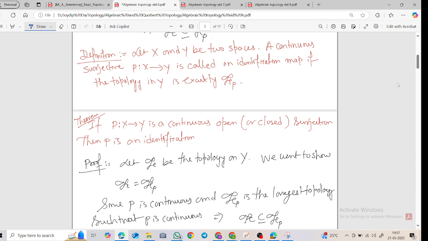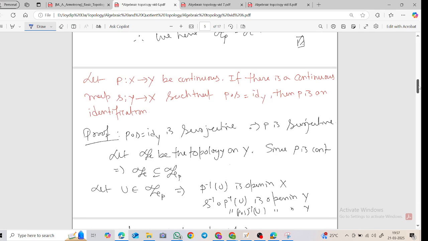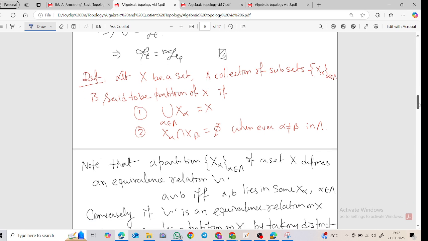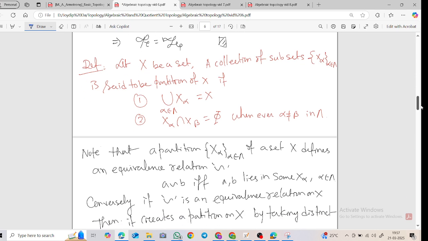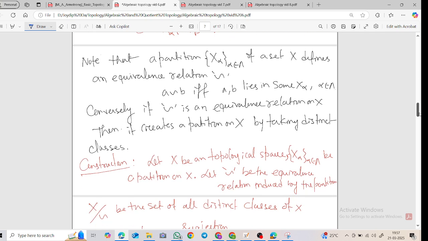Let me see what Dada is doing here. What is his continuous open surjection continuous maps? We will go to this. There is the partition, construction of a topological space.